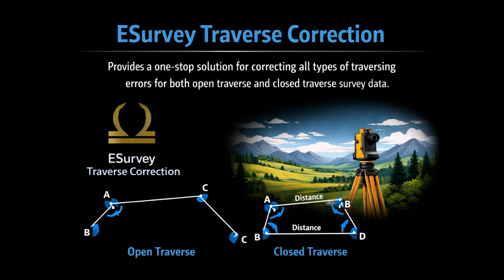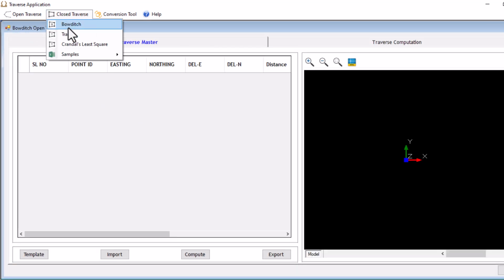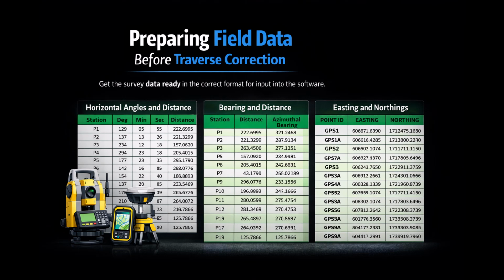ESurvey Traverse correction provides a one-stop solution for correcting all types of traversing errors for both open traverse and closed traverse survey data. Preparing field data before traverse correction. Before starting traverse correction, it is essential to prepare the survey data in the correct format for input into the software.